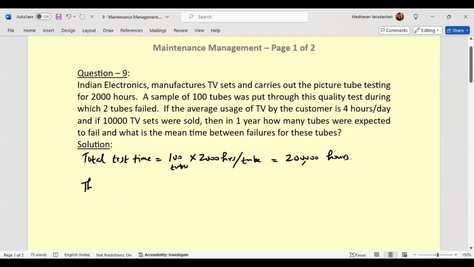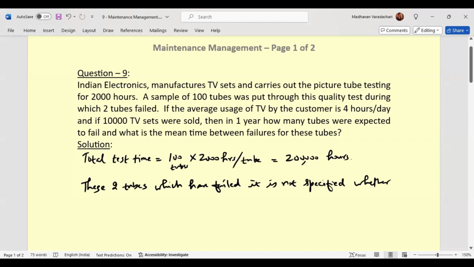these 2 tubes which have failed, it is not specified whether it failed in the beginning or in the end.